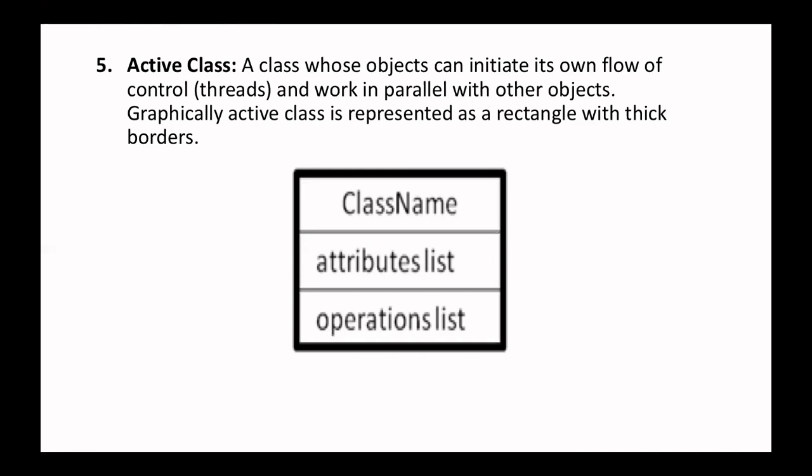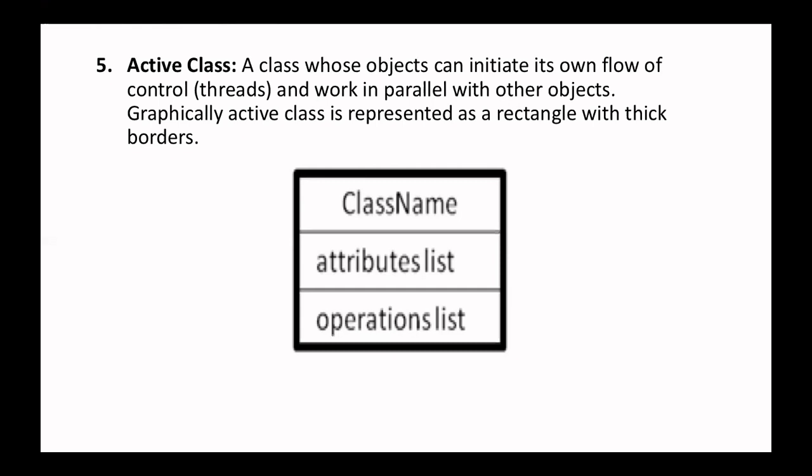An active class is just like a class, except that its objects represent elements whose behavior is concurrent with other elements. Graphically, an active class is represented as a rectangle with thick borders.